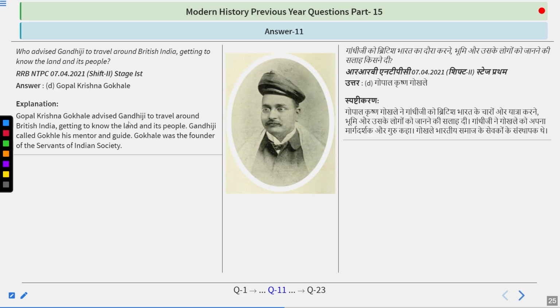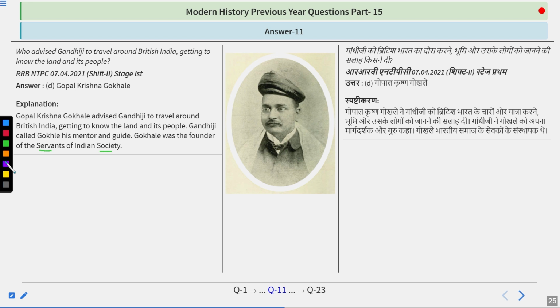Gopal Krishna Gokhale advised Gandhiji to travel around British India, getting to know the land and its people. Gandhiji called Gokhale his mentor and guide. Gokhale was the founder of the Servants of India Society. He was also the leader of the moderates in the Indian National Congress, and he became the political guru of Mahatma Gandhi.